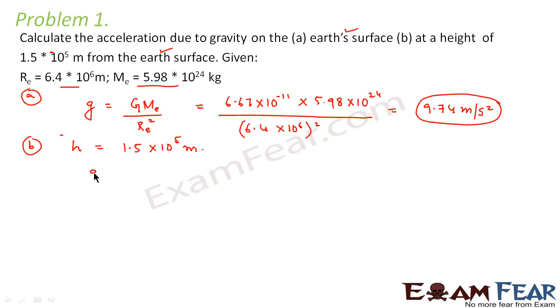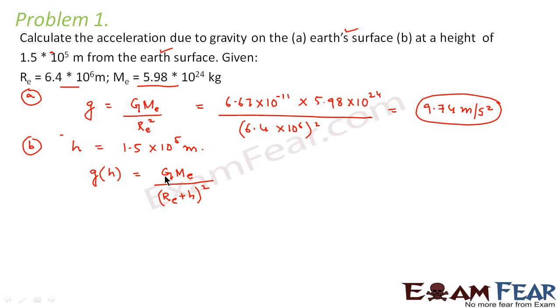Now, from what we have derived some time back, we already saw that the value of acceleration due to gravity at a height h from the surface of the Earth is capital G M_e divided by (R_e plus h) whole squared.